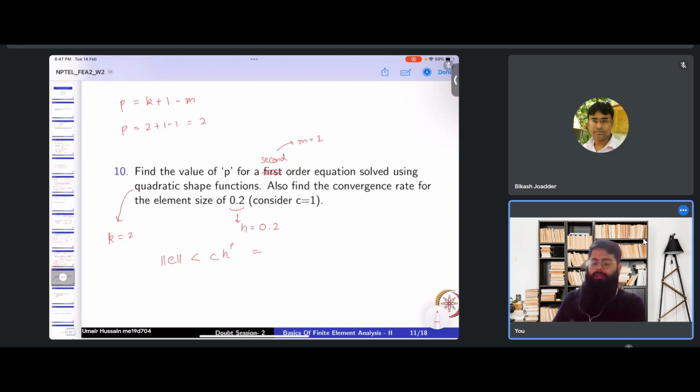So C equals 1, H equals 0.2, P equals 2. So what is the convergence rate? Right? So our error should be less than this value for it to be converged.